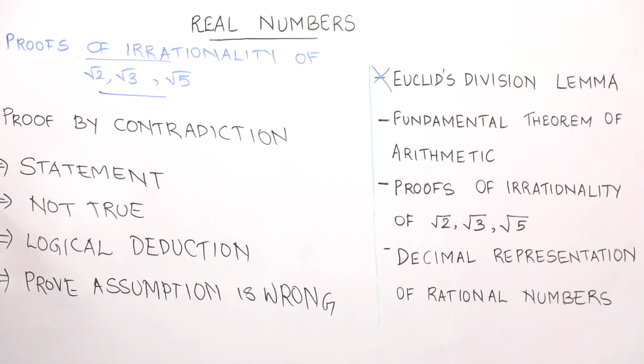So we first assume that the statement is not true, then we perform logical deductions and arrive at a result which proves our assumption wrong, and thereby proving that the statement is indeed true.